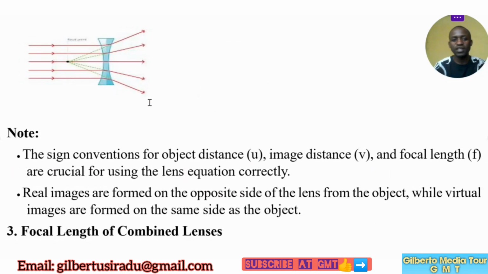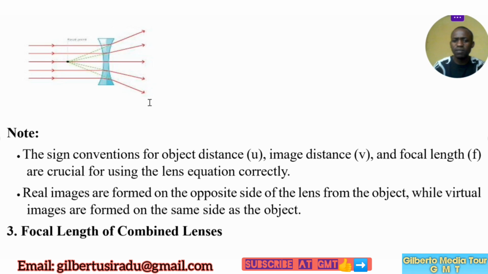Now let's continue on another point. Let's look at the focal length of combined lenses. It is possible in optics that thin lenses can be combined, lenses of different focal length.